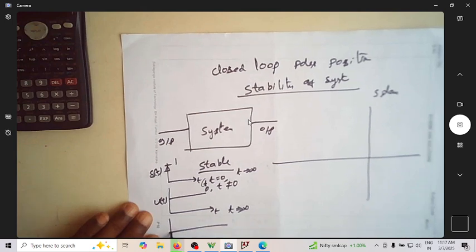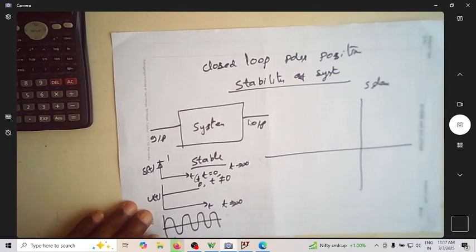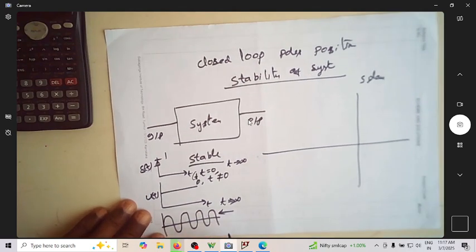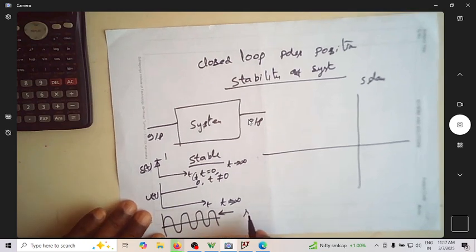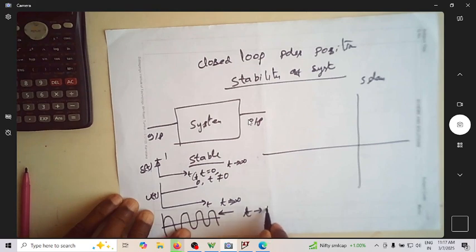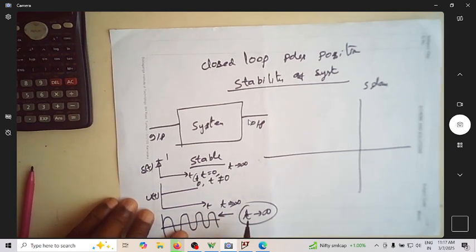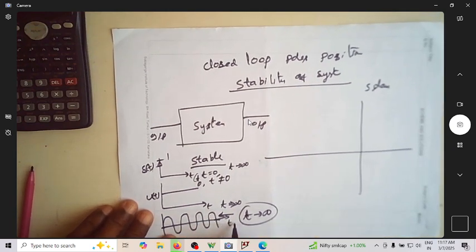Is this sine wave a bounded input? Is it a bounded signal? A signal is said to be bounded if, as time tends to infinity, its magnitude is finite. Suppose you make t equal to infinity.